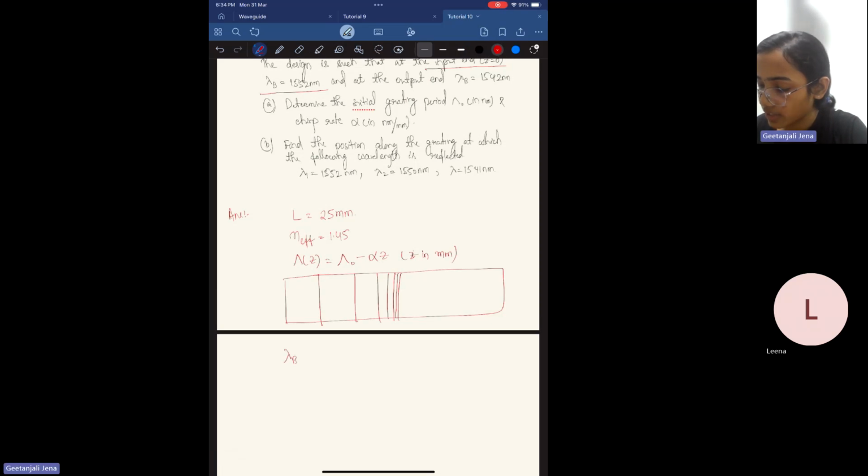Lambda B at z equal to 0, the Bragg wavelength, is 1552 nanometer.